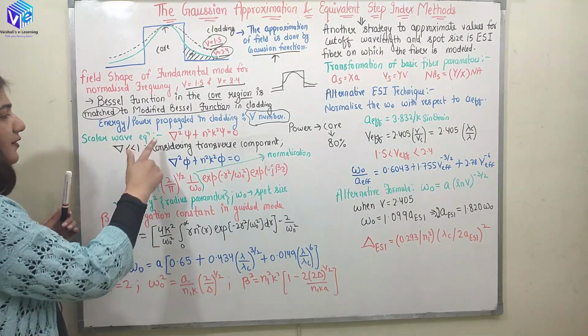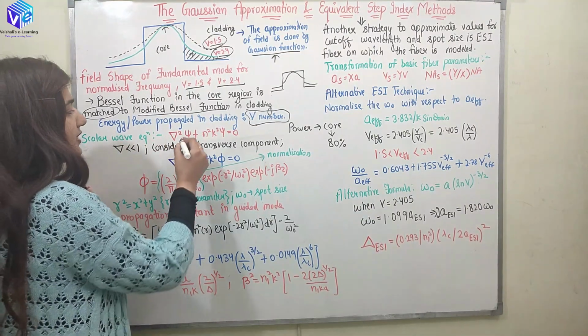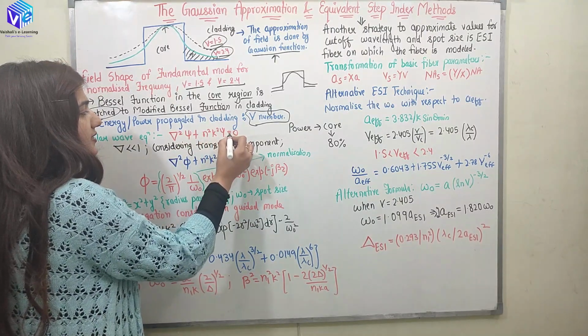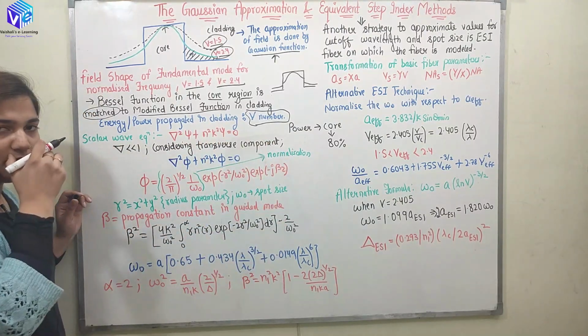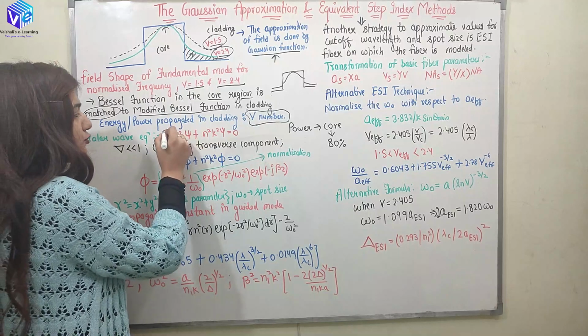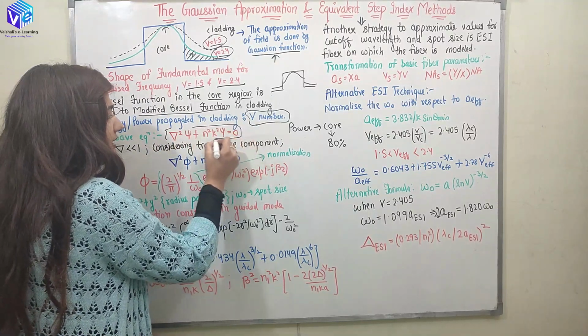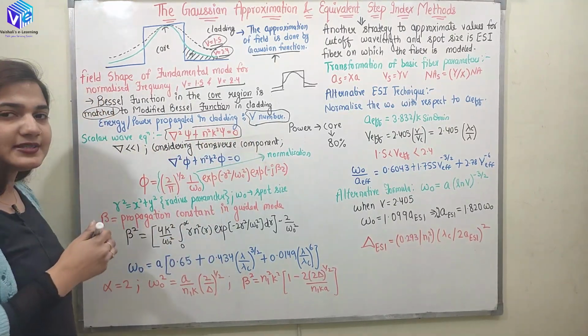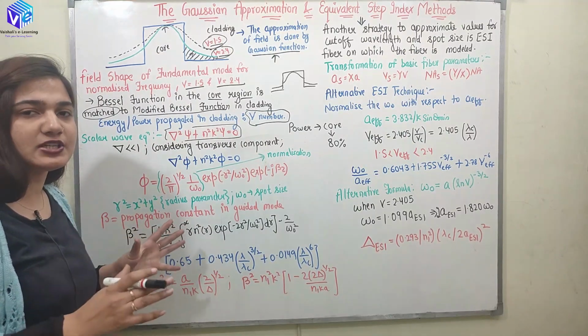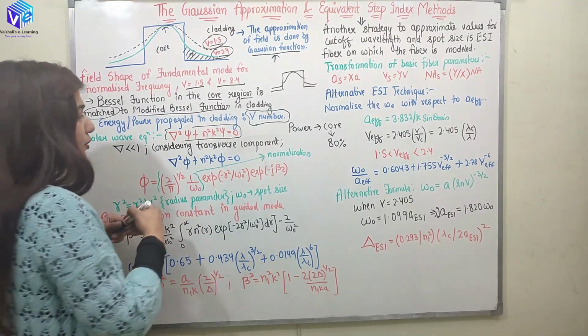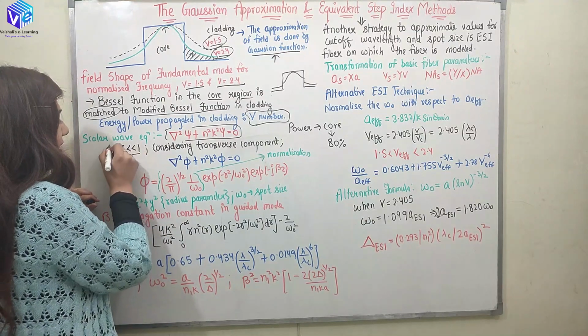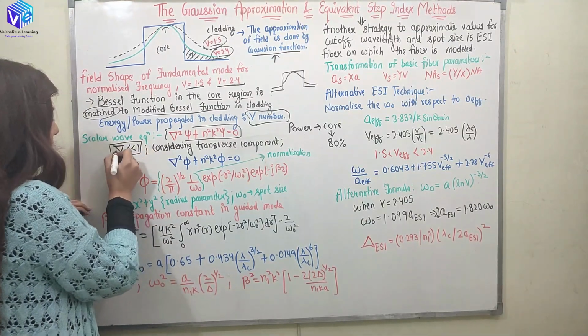So now the scalar wave equation is given by del square psi plus n square k square psi equal to 0. Here I have this as my scalar wave equation, and I am considering a lot of Maxwell's equations also inside this. Now I am considering del to be very much less than 1. What is del?